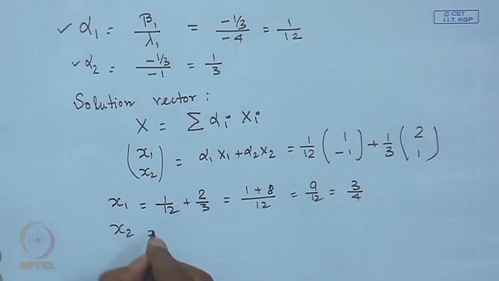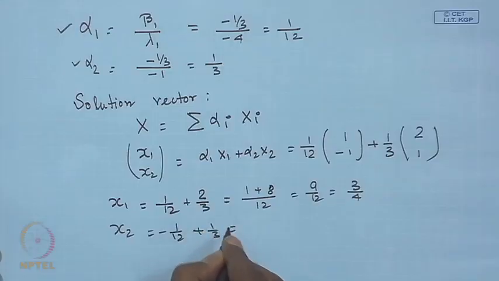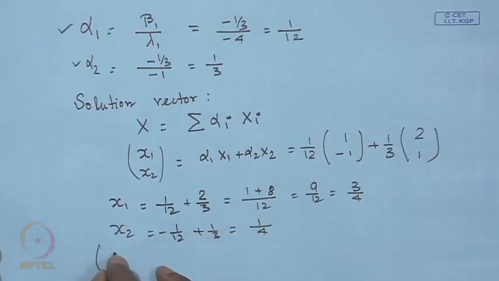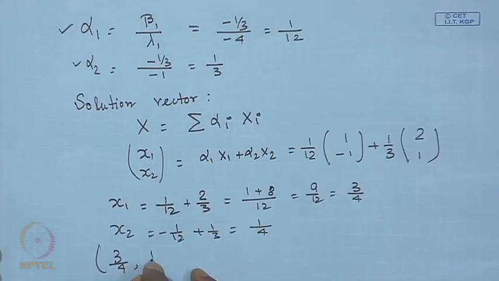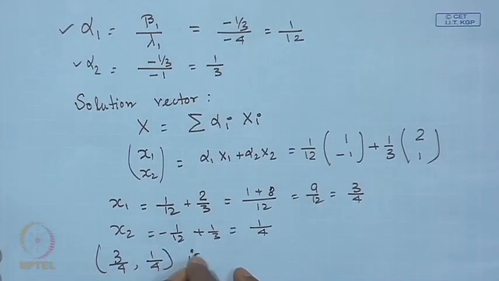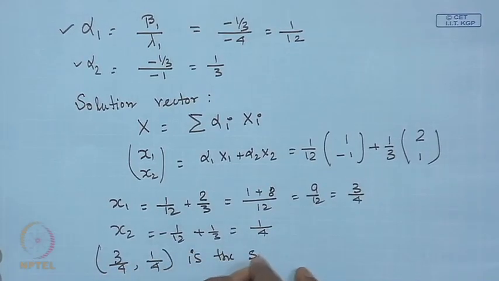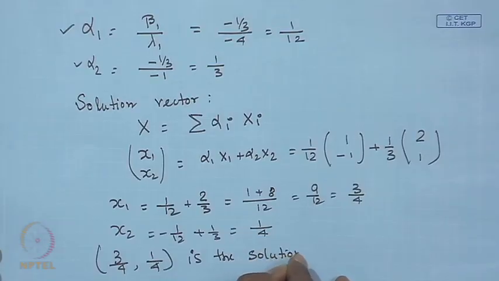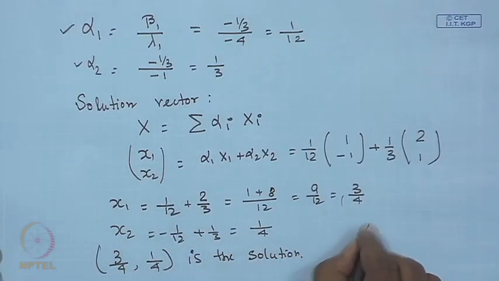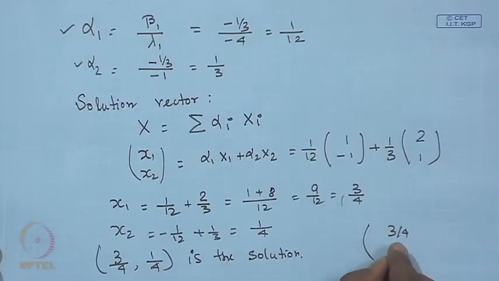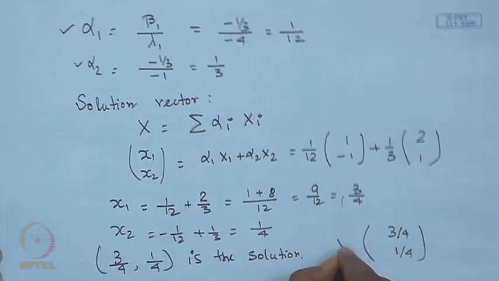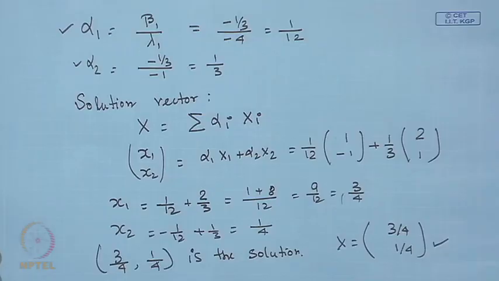Similarly, the other solution is 1 by 12 with a minus sign plus 1 upon 3, so this will be 1 upon 4. So, 3 by 4 and 1 over 4 is the solution of this particular problem. The solution vector x will be comprised of two elements, 3 by 4 and 1 by 4, and that gives the complete solution to this problem.